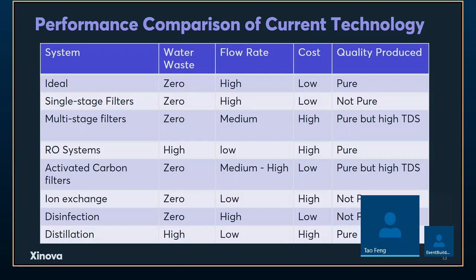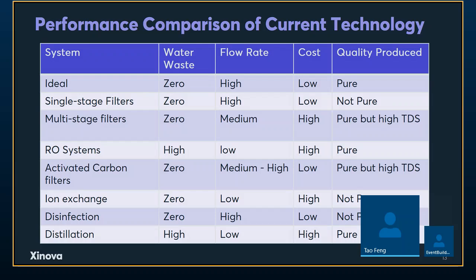For example, with the single-stage filters, the water quality is not ideal. And the multi-stage filters are okay, but the TDS, the total dissolved solids level, does not fulfill the goal of this RFI. Reverse osmosis systems and distillation share some common drawbacks: the large waste stream and being very slow.